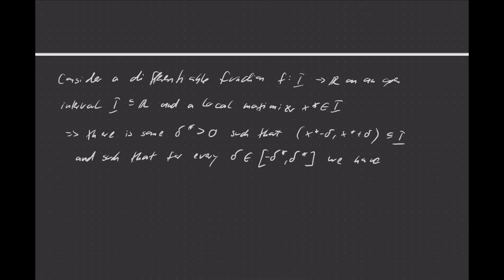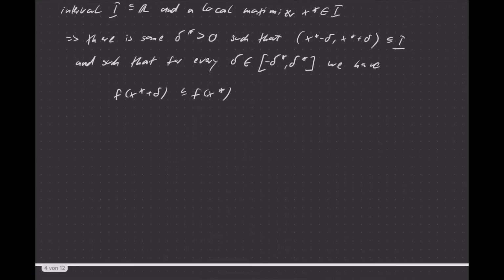So as long as we move less than delta star away from x star, we get f of x star plus delta is less or equal to f of x star. Remember, x star is a maximizer, so moving away from x star by this amount delta will give us no higher function value, as long as we stay within the delta star neighborhood here. Okay, so this is what is given.